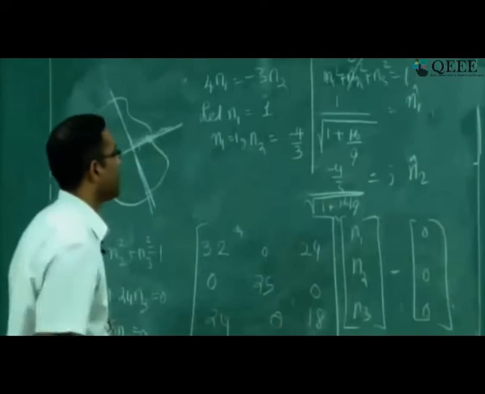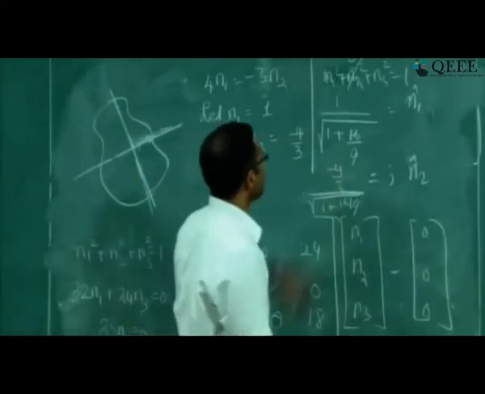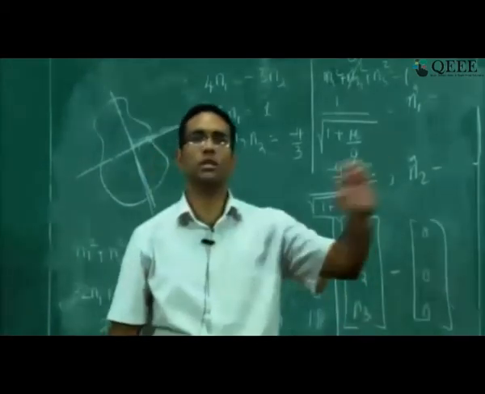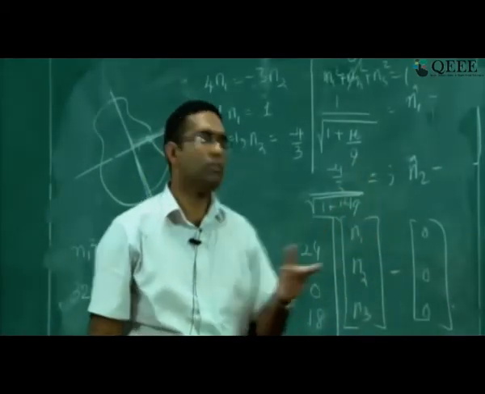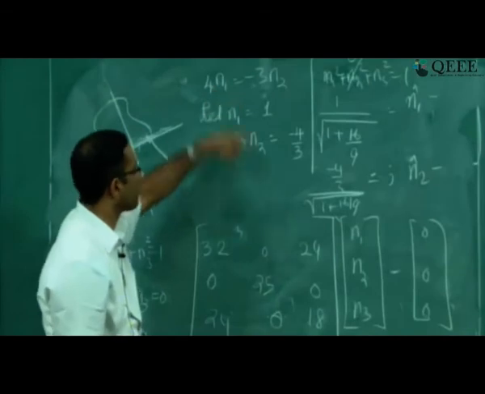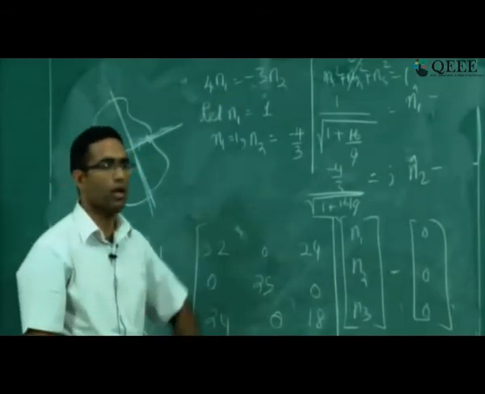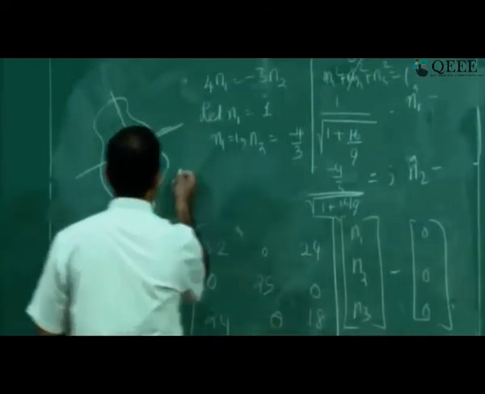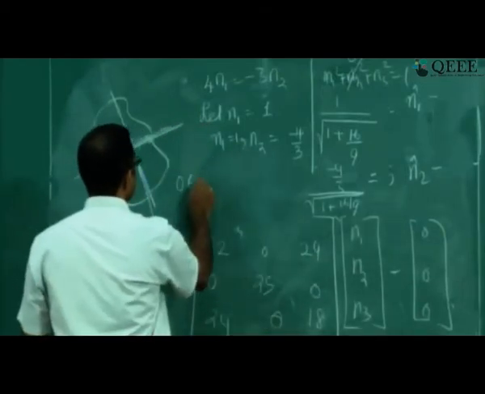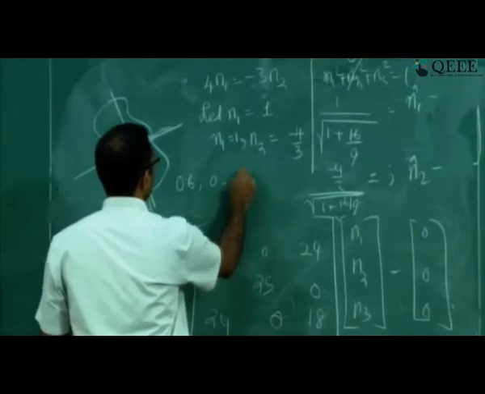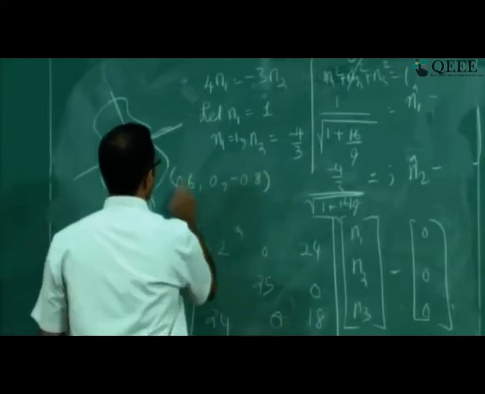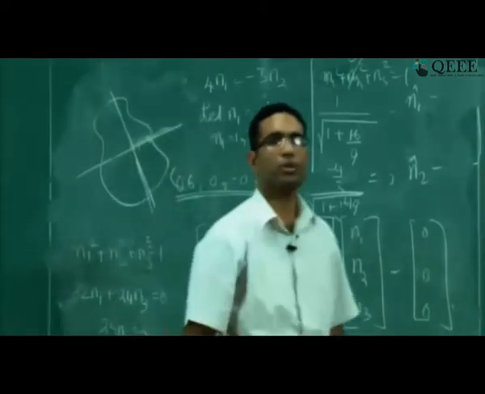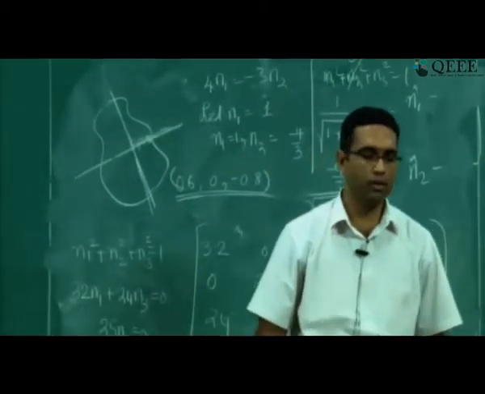Divide each component by the magnitude of that vector, and you will get n1 hat and n3 hat, which will give you the normal in the principal coordinate system for the principal value of 25. The answers are there in that slide. It will be 0.6, 0 and minus 0.8 for the eigenvalue 25. You should try it out. Once you try it out, you will get a little bit more comfortable with it.